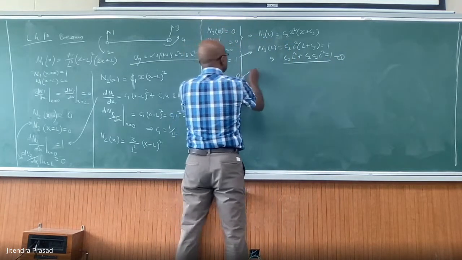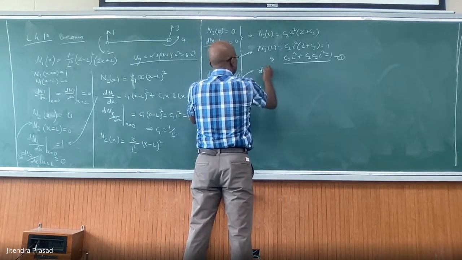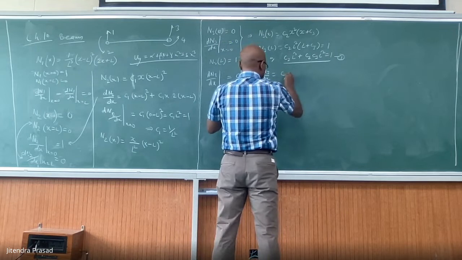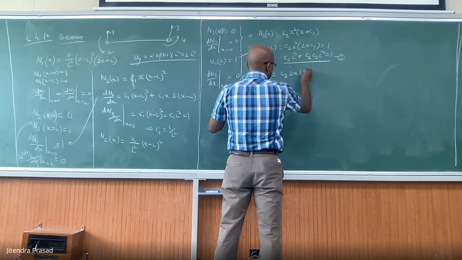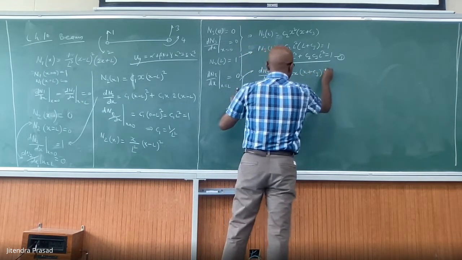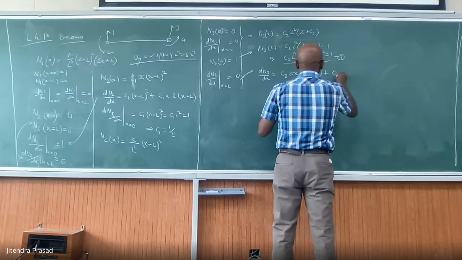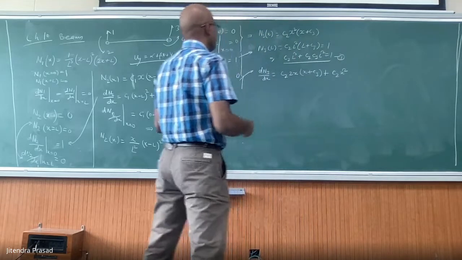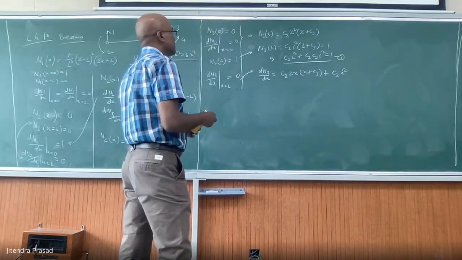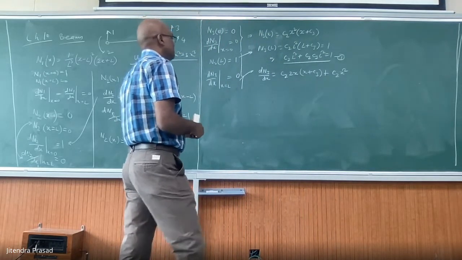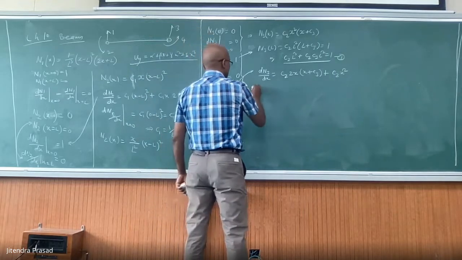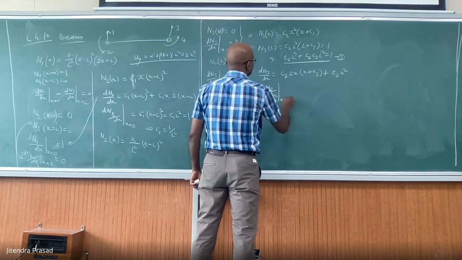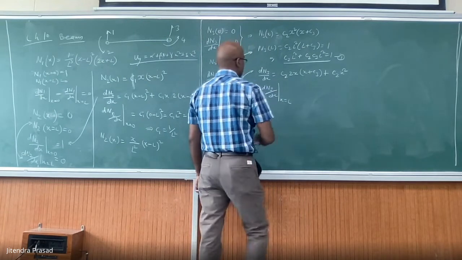Second is this: dN3/dx is equal to C2 2x multiplied by (x plus C3) plus C2 x square. Or dN3/dx at x equal to L is equal to 0.